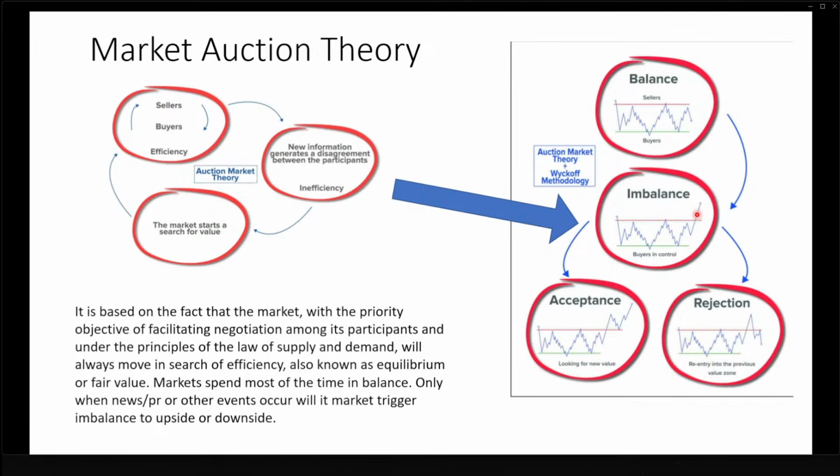When you're breaking out of balance into imbalance, there are only two things that happen in the market. The price is going to be accepted or rejected, right? If you're breaking out from a range and you reject it, there's a really good chance you're going to reverse the auction to the opposite end, right?